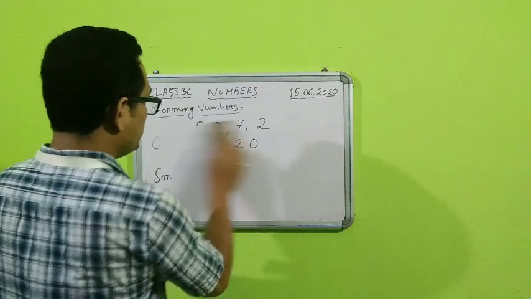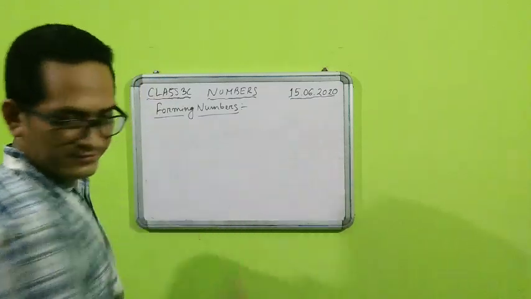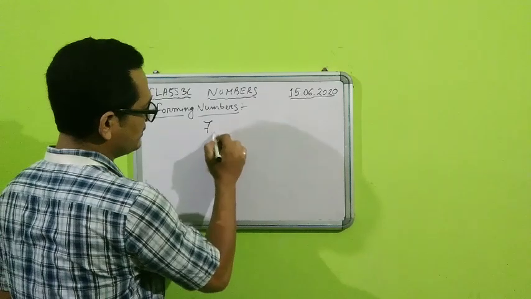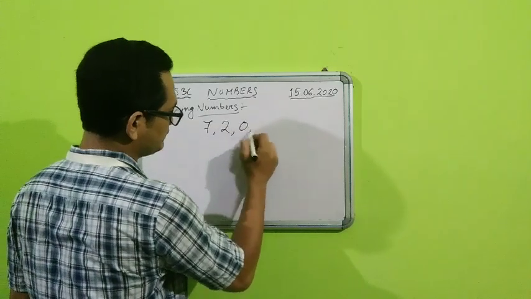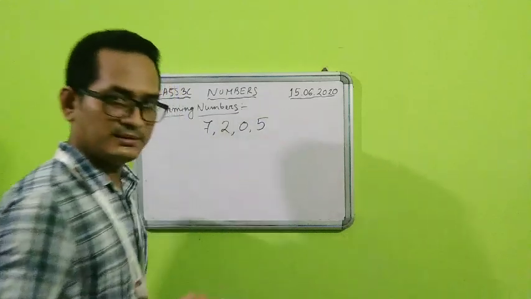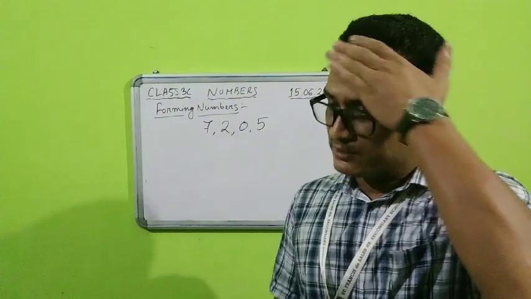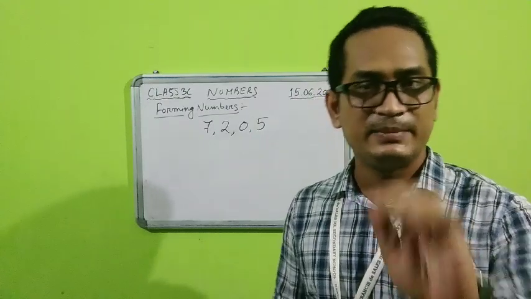Fine. Now, suppose I have given you 4 digits like this. Now I need to form a greatest number and the smallest number. But now the situation is a little bit different, student.